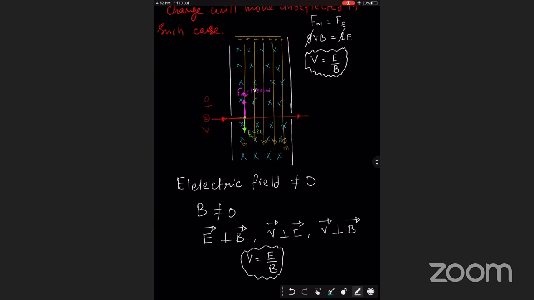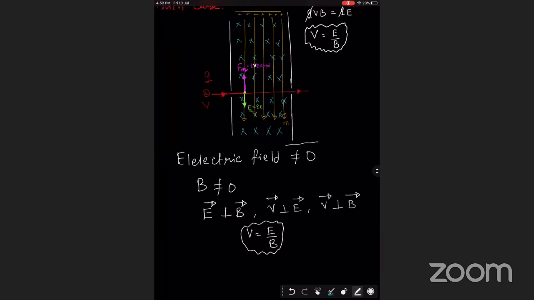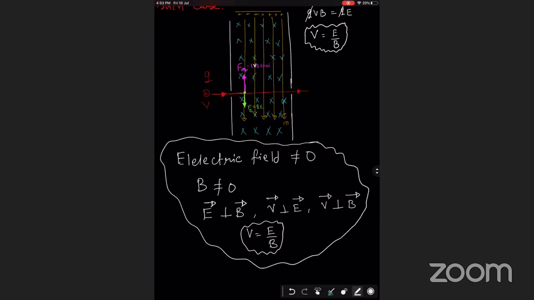And the value of velocity must be E by B. Then only a charge will move straight without any deflection. Remember these conditions. It will form a very important question in the exam. Okay. All right. Next topic.